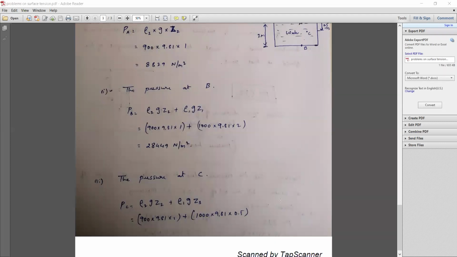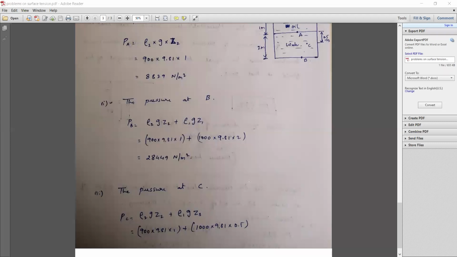If you solve that, you'll get the answer. Please tell me the PC value. 13,720. Okay, others you can check whether it is correct or not. 13,720. Right, you can see here.